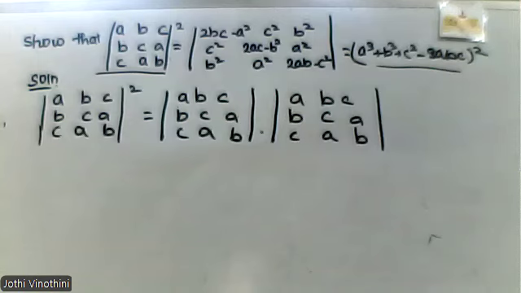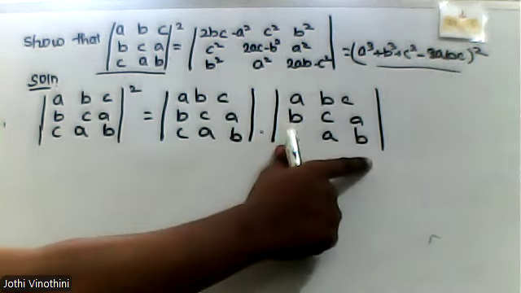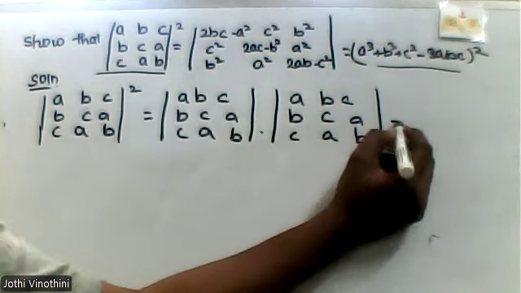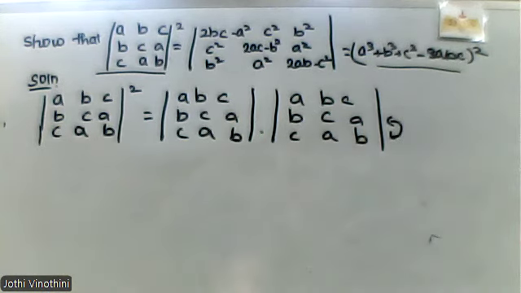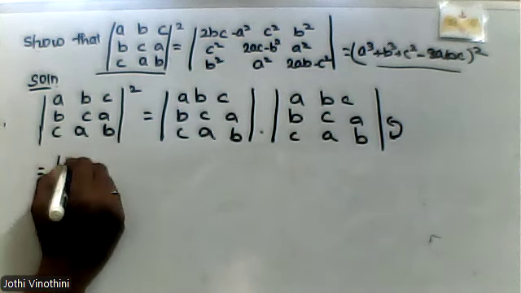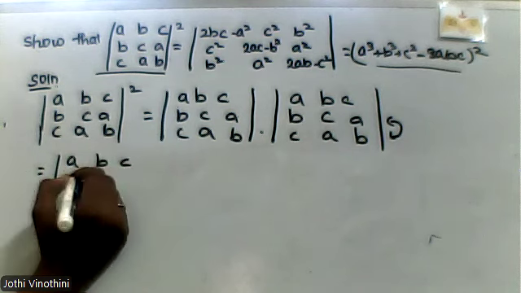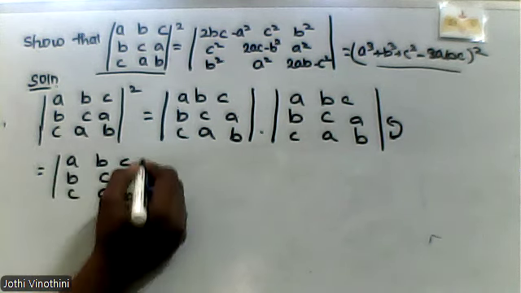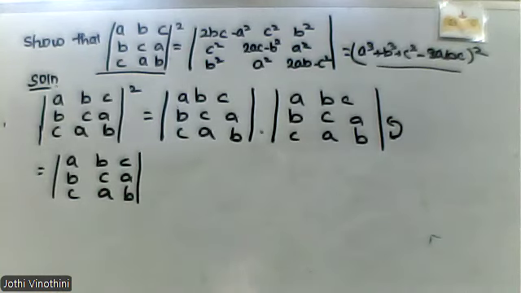Okay, super. So now I am going to do a simple change in the second determinant alone. I am going to switch R2 and R3 in the second determinant, so it becomes A, B, C; B, C, A; and C, A, B. The first determinant remains the same.